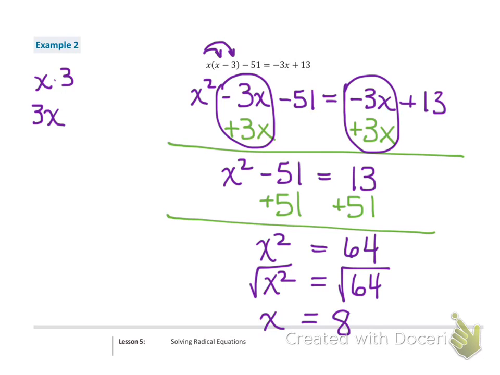Now, since we're just solving an equation and we want to know what values will work in this equation, we can take into account the negative values too. And the way we're going to do that is when we do the step where we take the square root, we're going to add a little something.